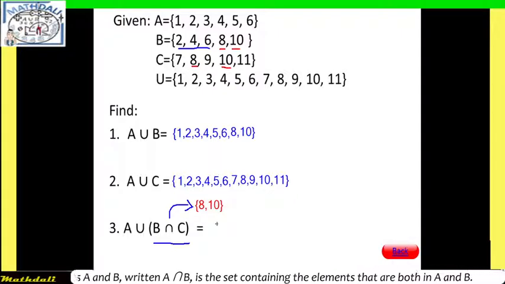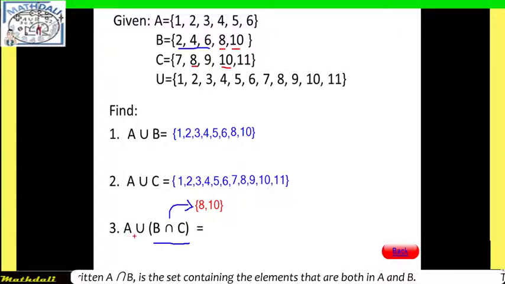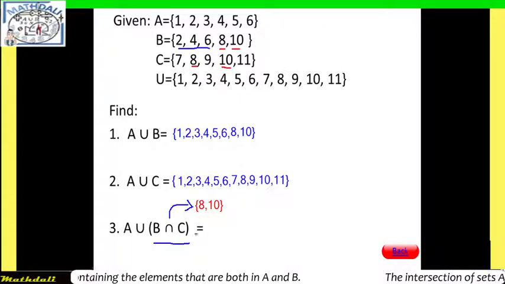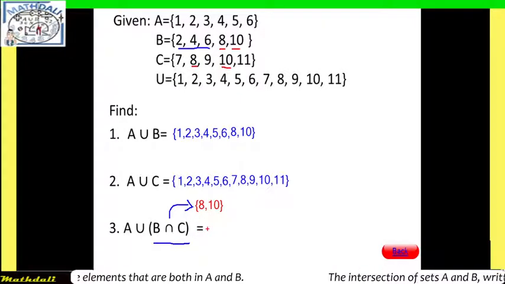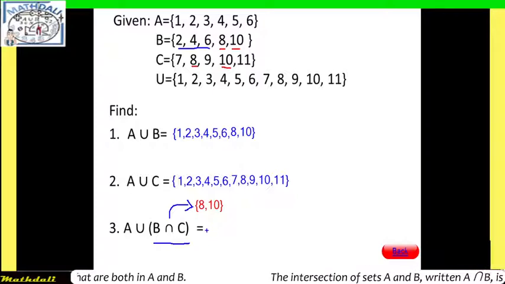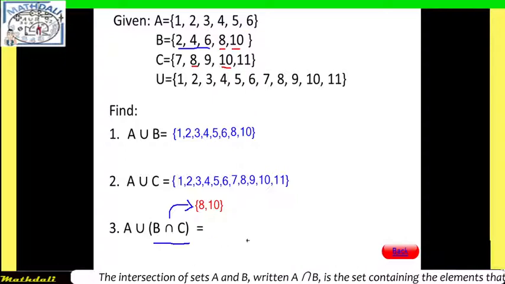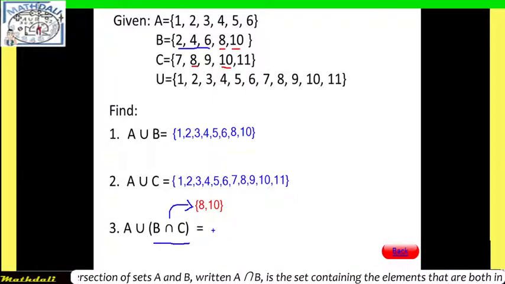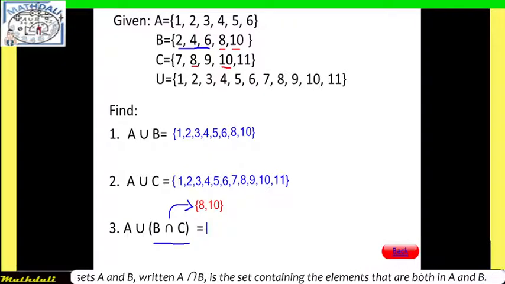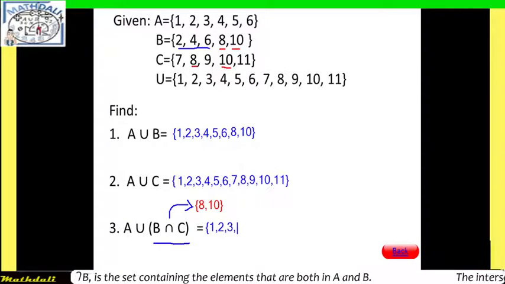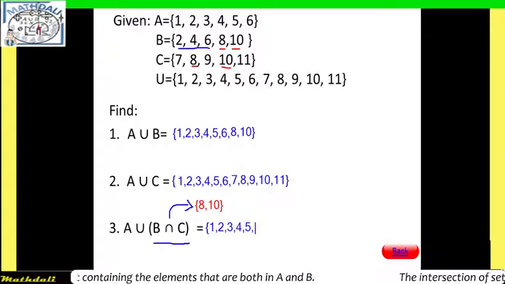Okay, so next we have this A union with the intersection. Ito yung intersection ng dalawang set. Identify natin yung element ni set A. Ang element ni set A ay 1, 2, 3, 4, 5, and 6. So, yan yung ating element. We have 1, 2, 3, 4, 5, 6.